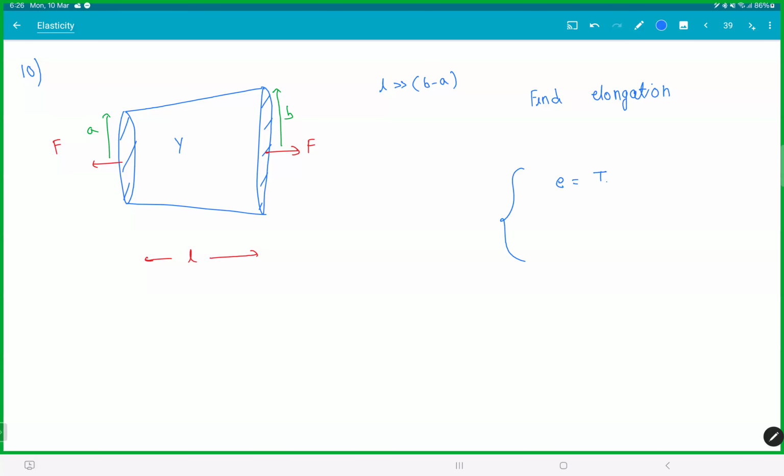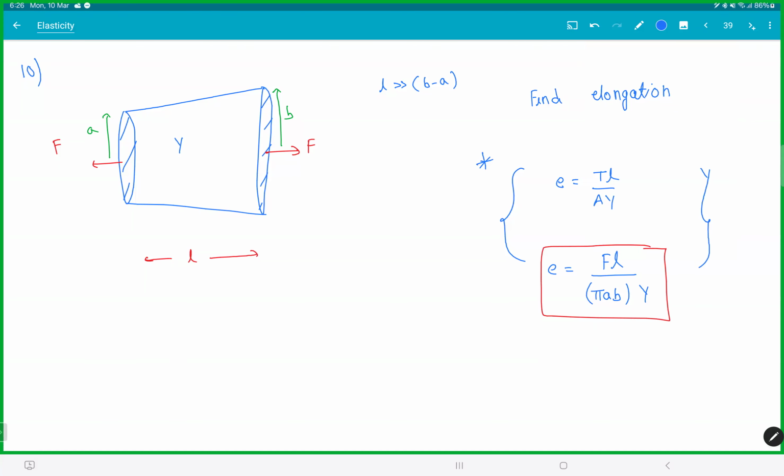Elongation is tension times length by AY. So tension will be F, L by area, and area becomes pi AB. Clear? Whenever you see this kind of question, you just replace area in the formula with pi AB and you get the answer.